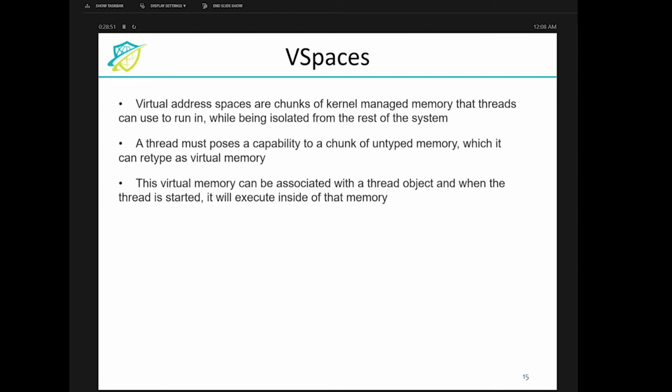That capability space gives it a certain chunk of memory, which is untyped, and that thread has the ability to type that memory within the parameters that the capability security module gives it.